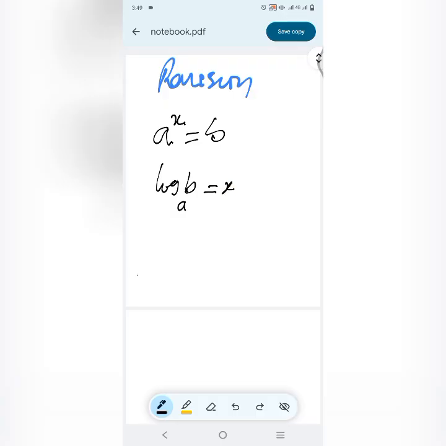As a simple example, 2 raised to the power of 3 is the same thing as 8. So we can write this in logarithm as log 8 to base 2, which should be equal to 3.